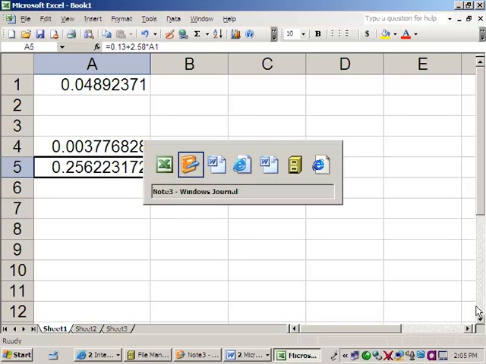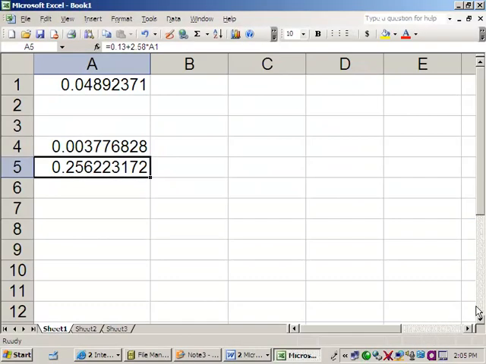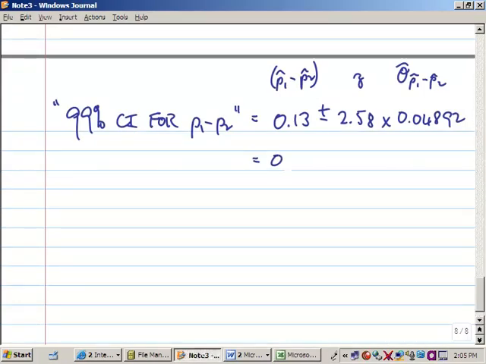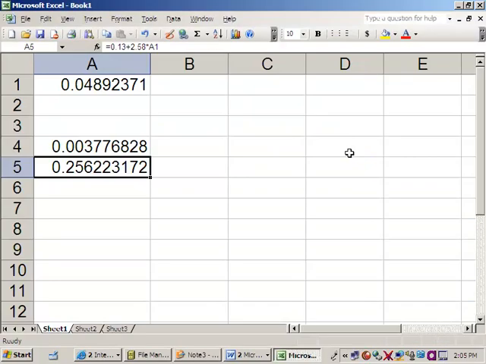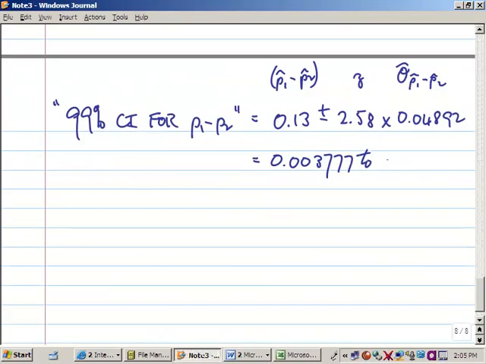So 0.0037 for the lower limit to 0.2562. Alright, and that's our confidence interval for the true difference.